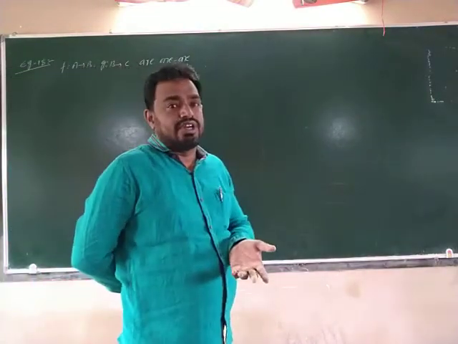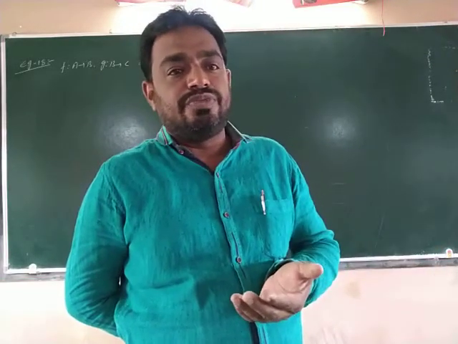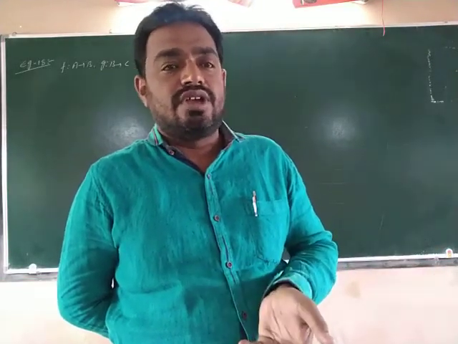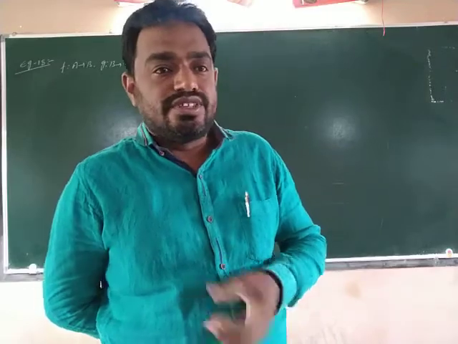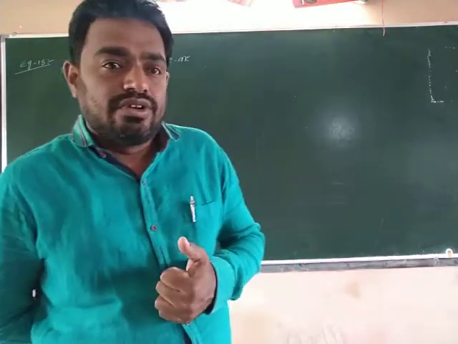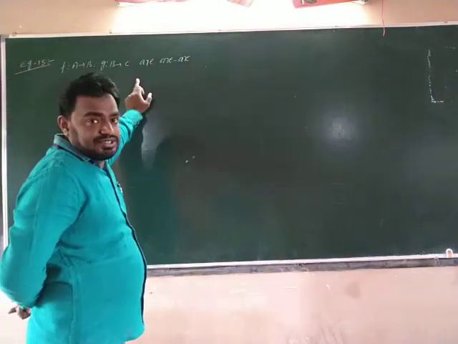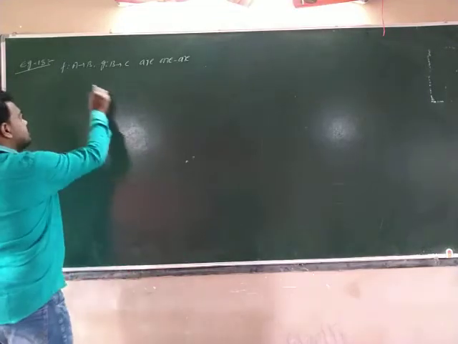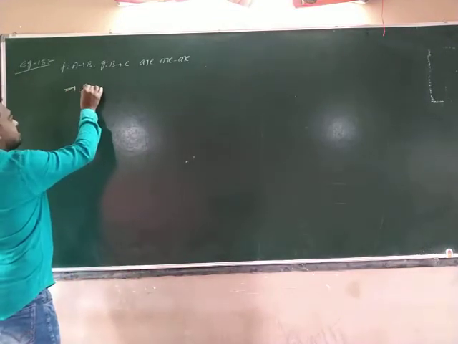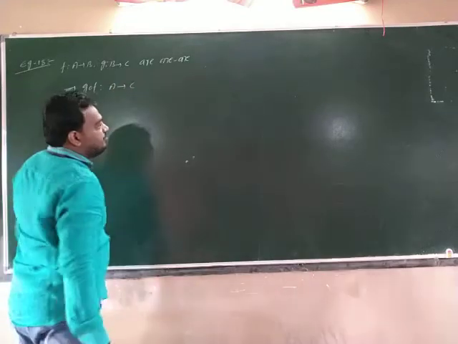What is the definition of one-one? f of x1 equal to f of x2 implies x1 equal to x2, then f is one-one. Similarly, here we are proving g circle f is one-one. Here they have given f and g are one-one functions, so g circle f is a mapping from A to C, right?